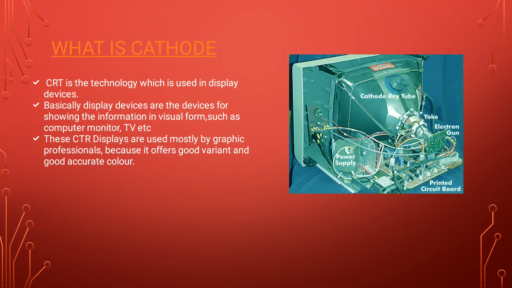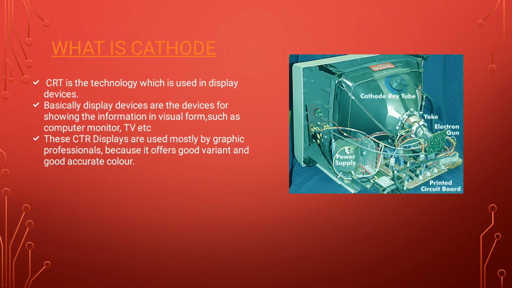So, what is cathode? Cathode is the technology which is used in display devices. For example, if we take our TV or a mobile, we can see a number of images or videos with the help of CRT.